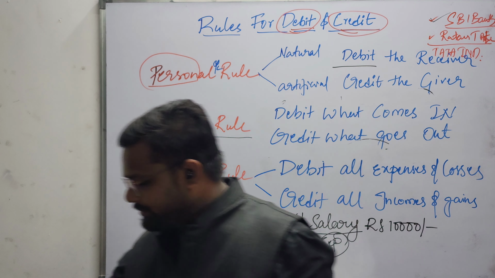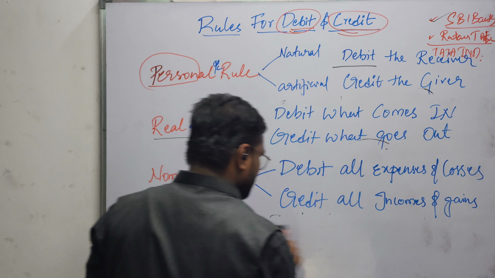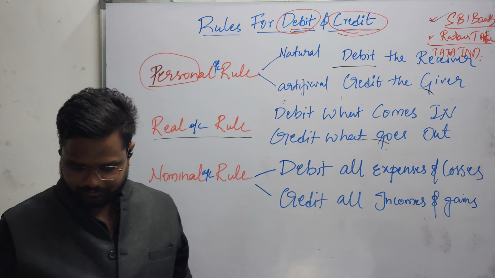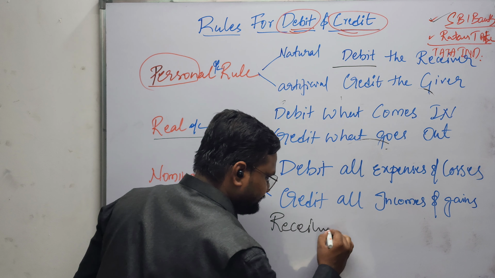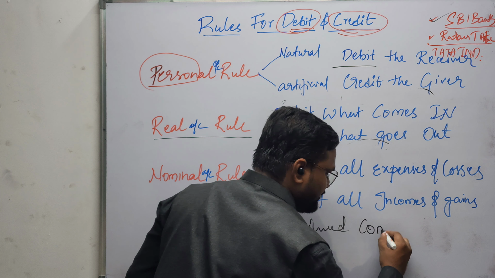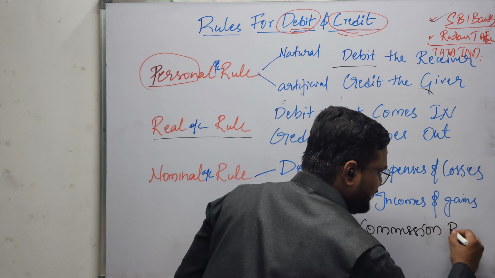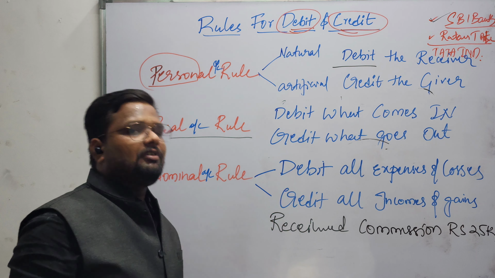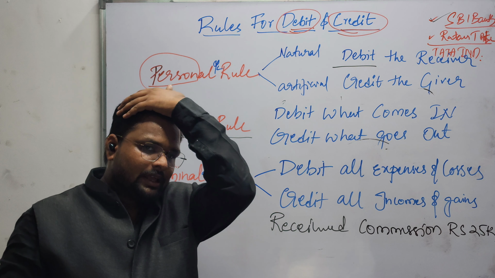Now coming to the credit, the income aspect. We will see one income also. Received commission rupees 25,000. Now you have received the commission worth rupees 25,000.